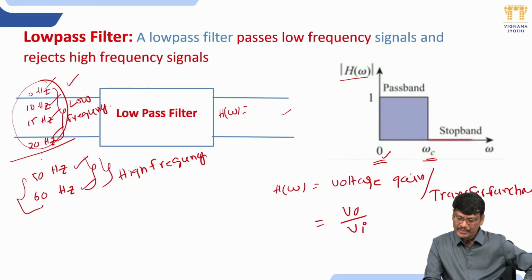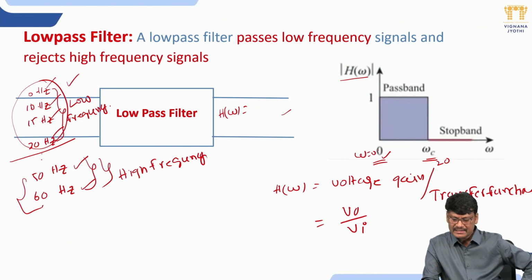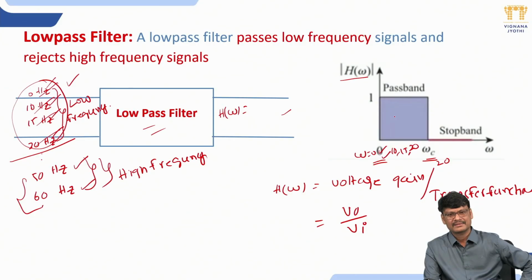Now I am taking ωc equal to 20 hertz, and this is ω equal to 0. I have considered 0 hertz, 10 hertz, 15 hertz and 20 hertz as low frequency signals. That is why this low pass filter allows all of these frequencies.